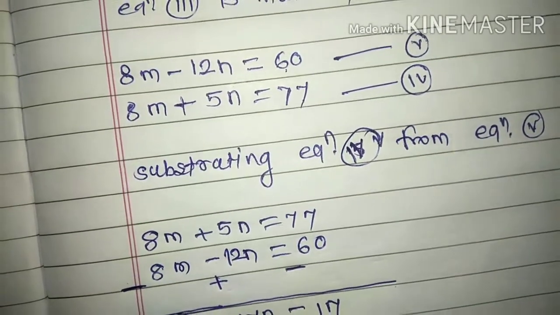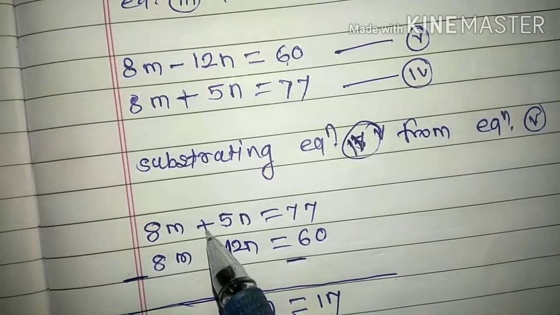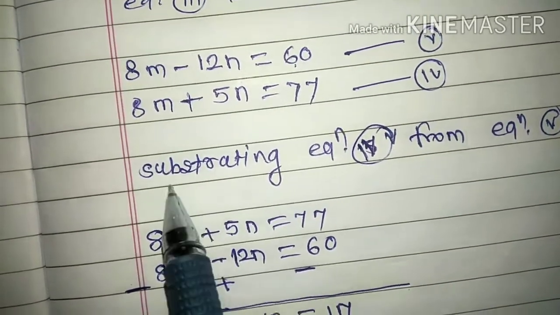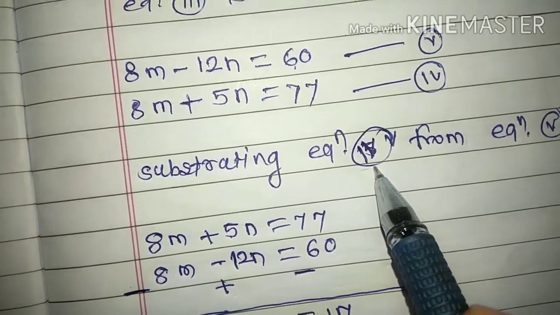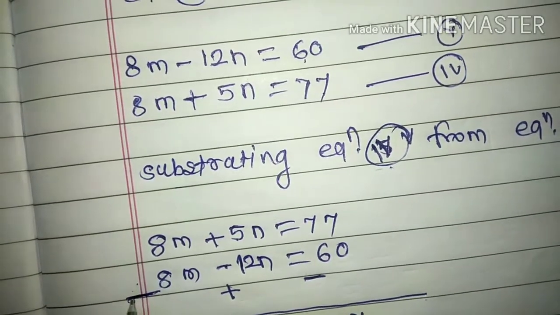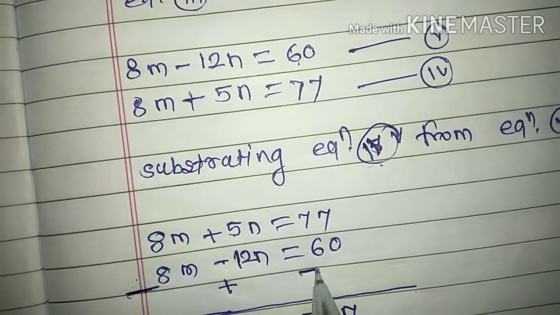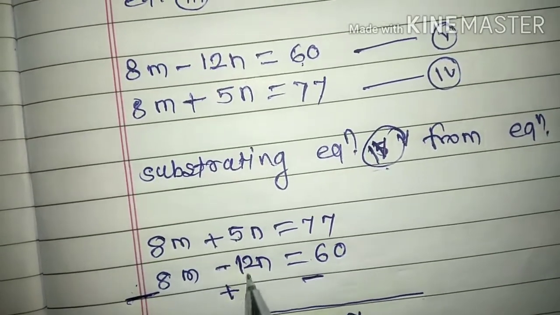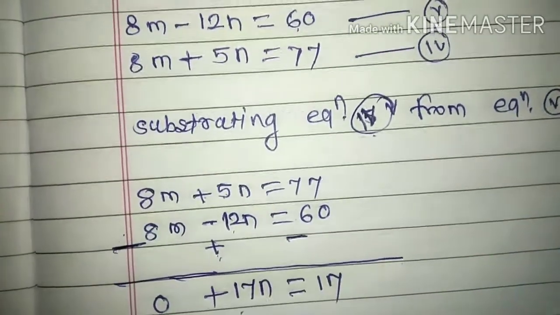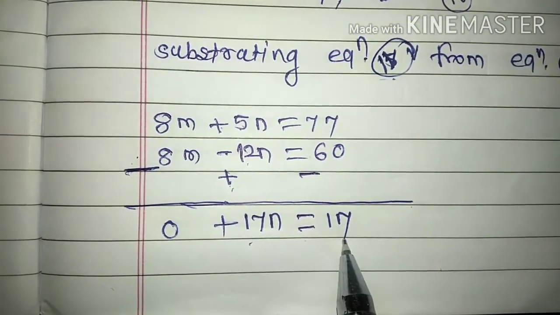Listen here, this 12 shows the minus sign and this 5 shows the plus sign, but this minus sign is converted to plus sign because of subtracting equation 5 from equation 4. Hence the negative sign converts to positive and positive signs convert to negative, and hence both have the positive sign, therefore it has addition here, and you should write plus 17n is equal to 17.